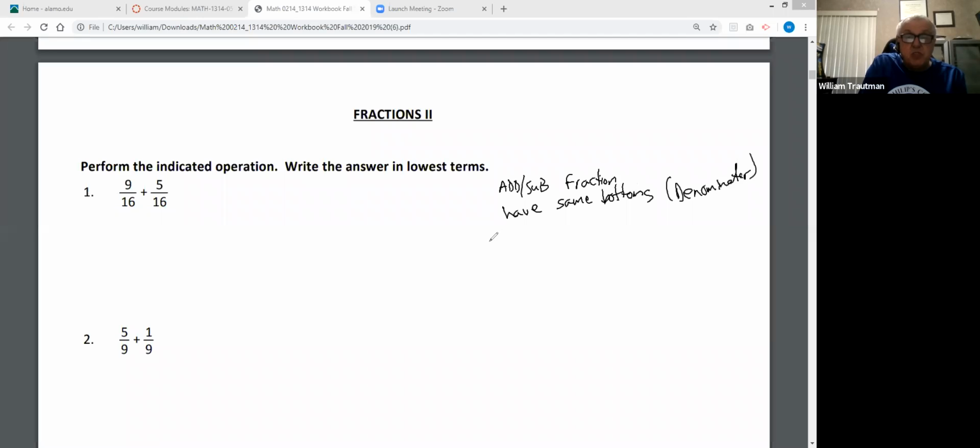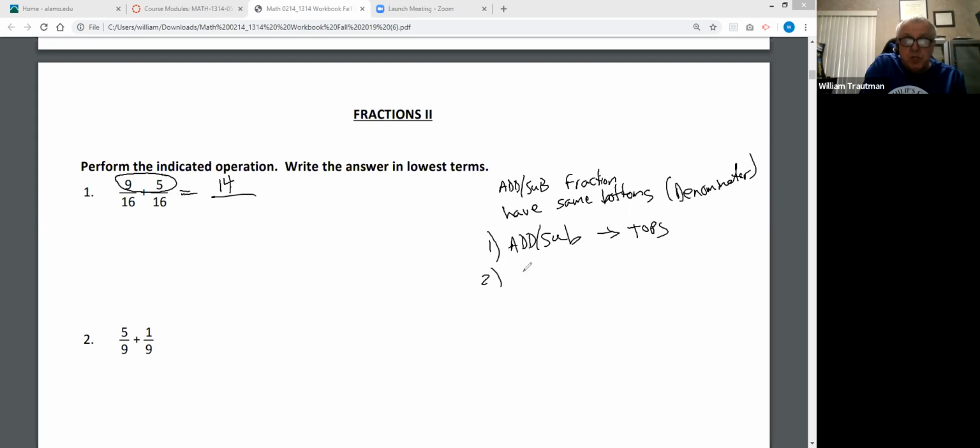So the steps are: step 1, add or subtract, depending on what you're doing, the tops. Add those two up. 9 plus 5 is 14.